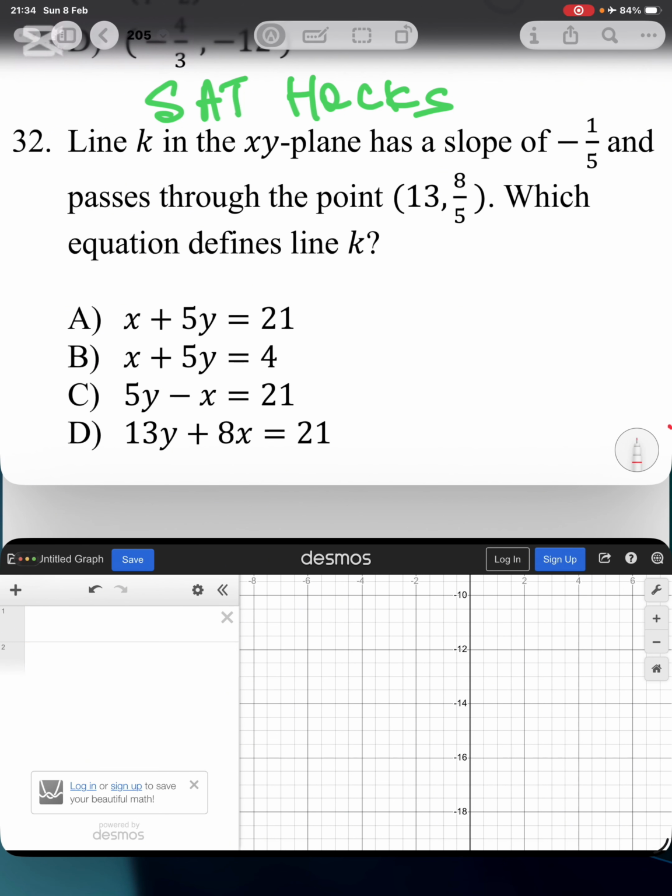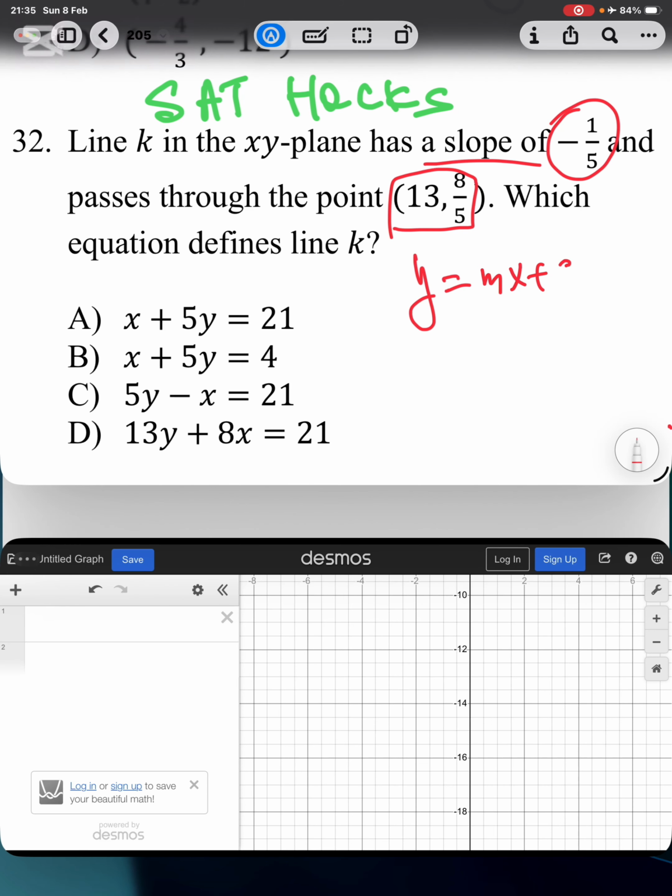In this SAT question, we are given the slope of a line, which is going to be minus 1 divided by 5, and it says that it passes through these points. Then we have to find them. By creating the equation of the line, we can simply write it as mx plus c, right? Instead of m, we insert minus 1 divided by 5, instead of x we insert 13, plus c, and instead of y we insert a divided by 5, right?